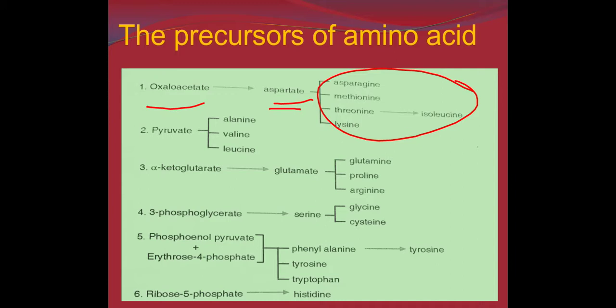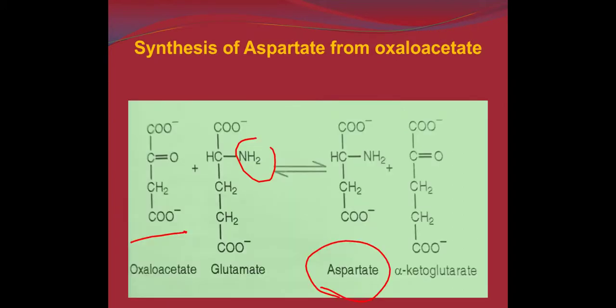The isoleucine is formed from threonine. The aspartate is formed from oxaloacetate by a simple transamination reaction. This is a very important reaction as the aspartate formed gives rise to 5 other amino acids.